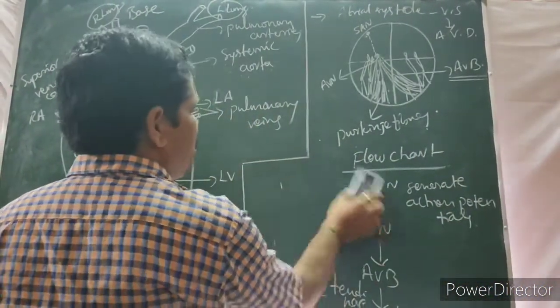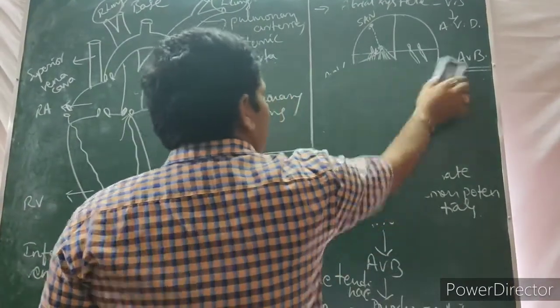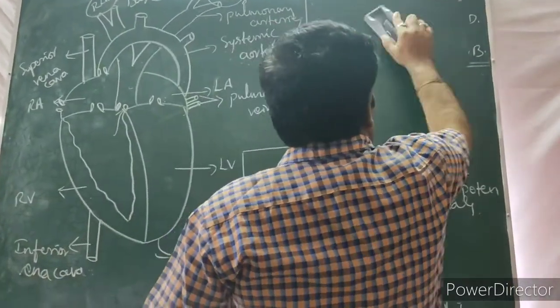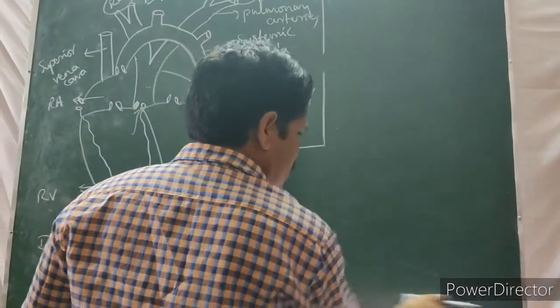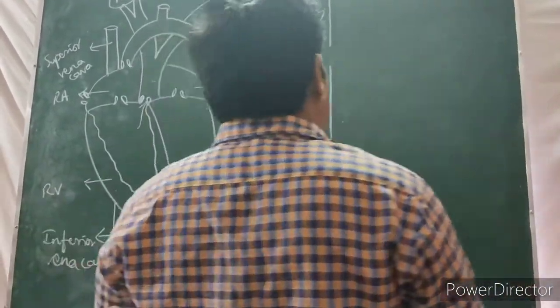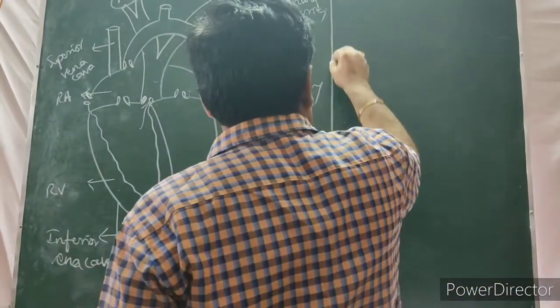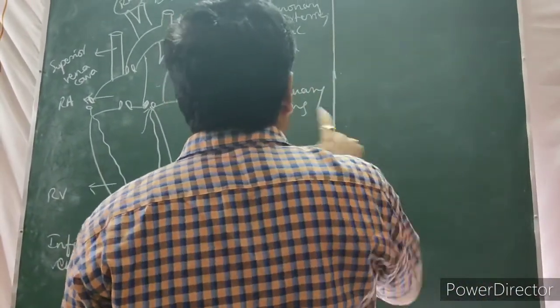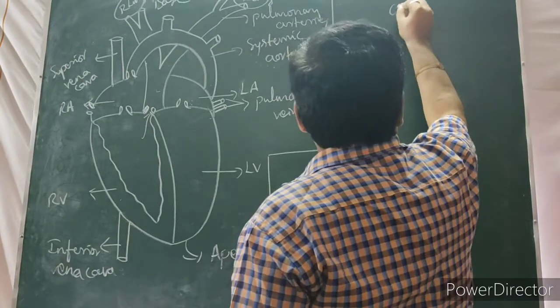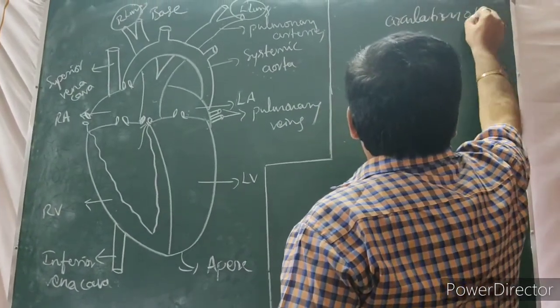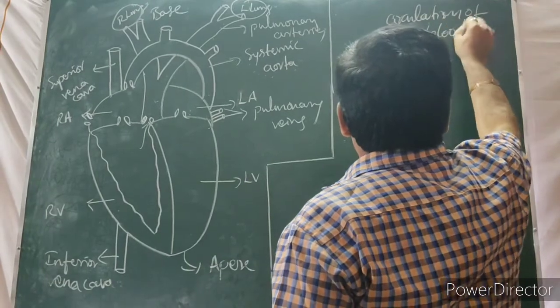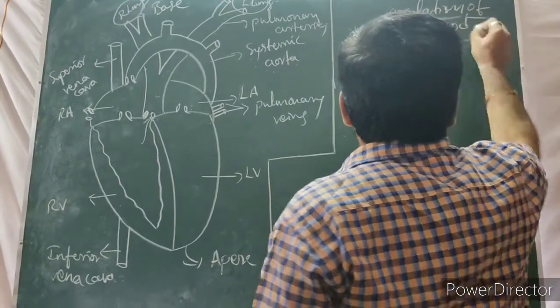Now, here, if you see the circulation of blood, how is it done because of the cardiac cycle?